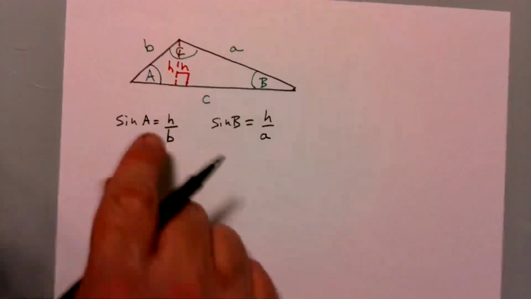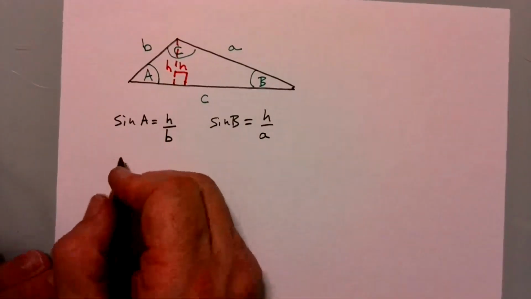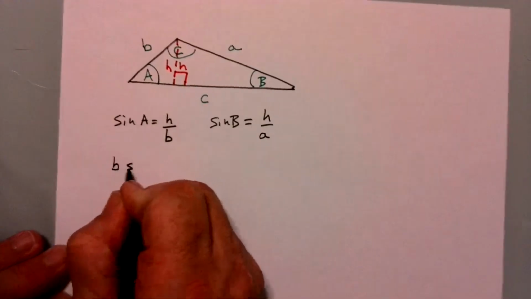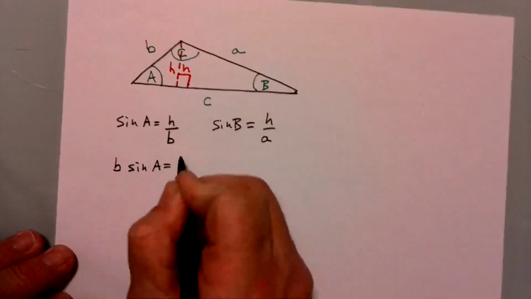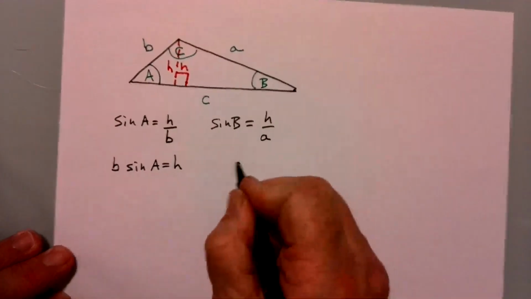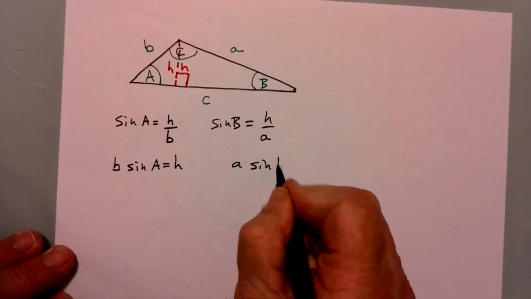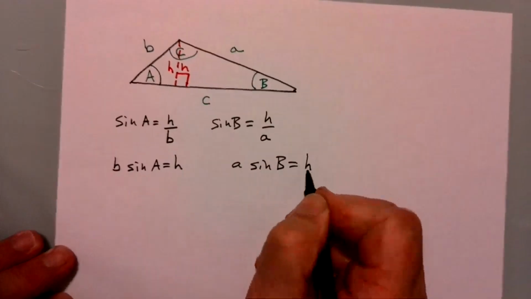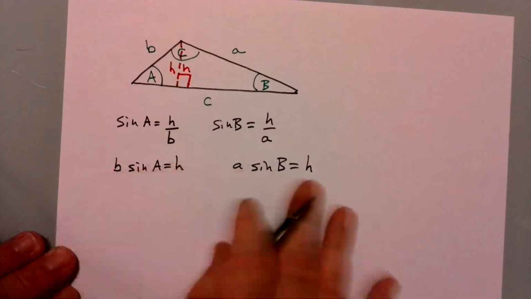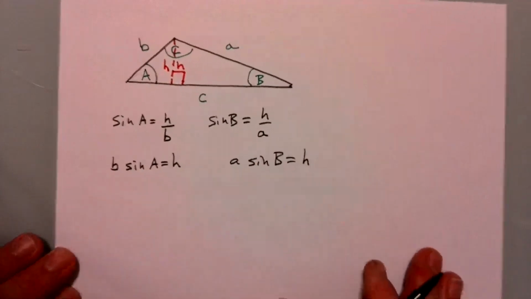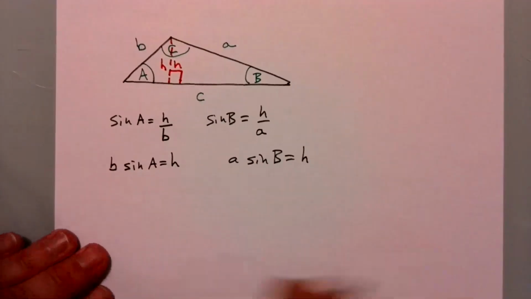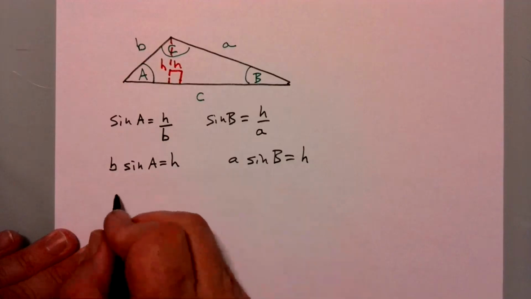Let's solve for H. So if I multiply by B on both sides here, I get B sine A equals H. On that side, I get A sine B equals H. So if that's the case, these 2 H's must be equal to each other. So if the 2 H's are equal to each other, B sine A equals A sine B.